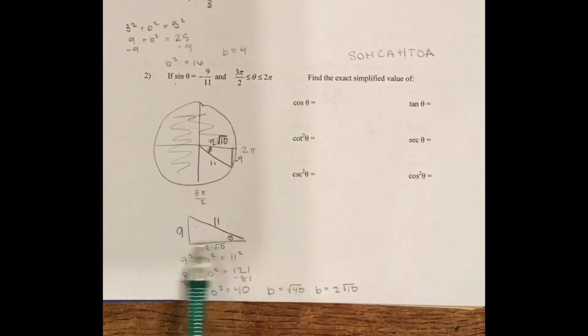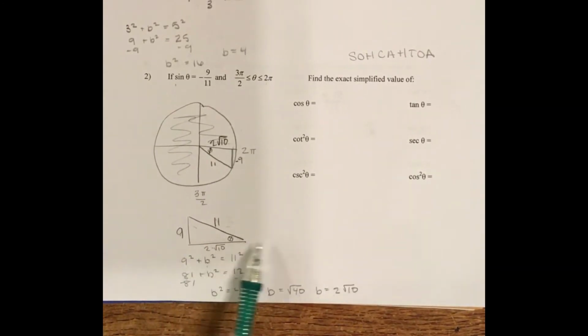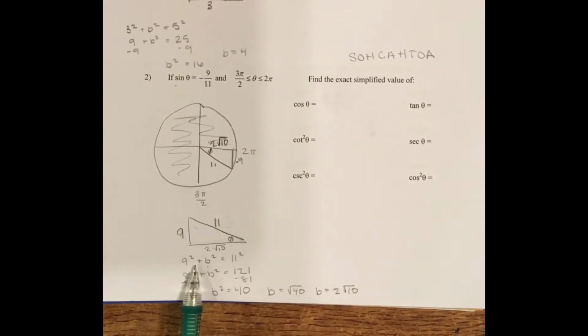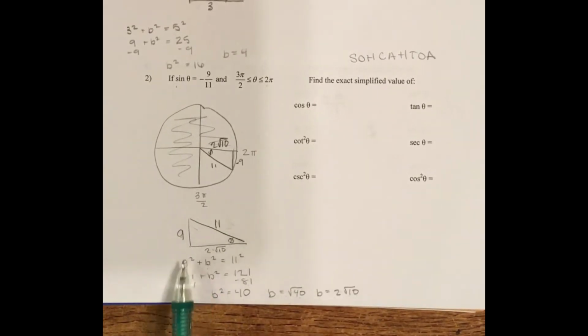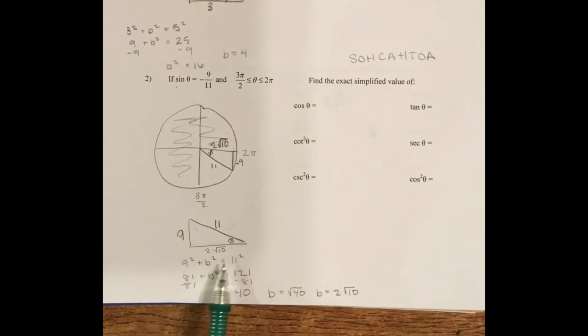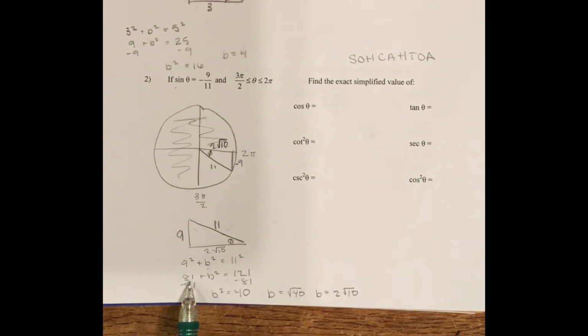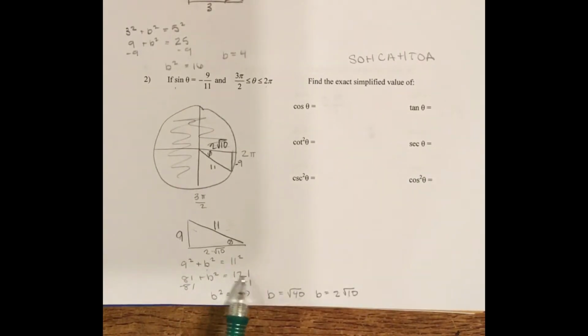But since you have a missing side, you have to go down and do the Pythagorean theorem once again, and then you do 9 squared plus b squared equals 11 squared. 9 squared is 81 plus b squared, and 11 squared is 121.